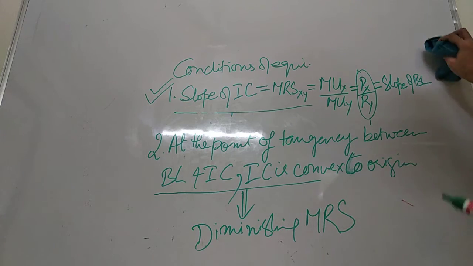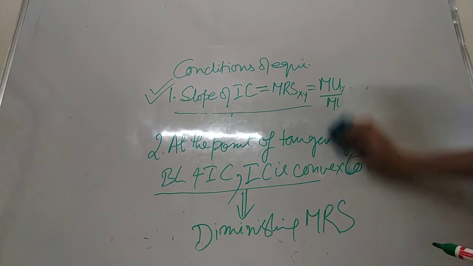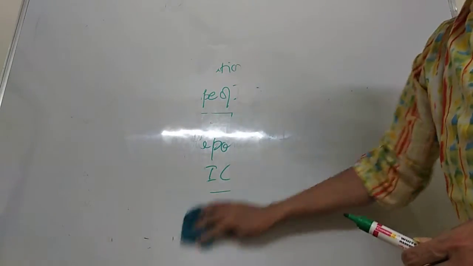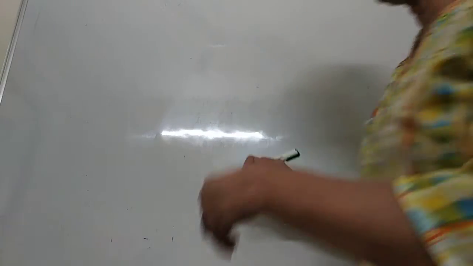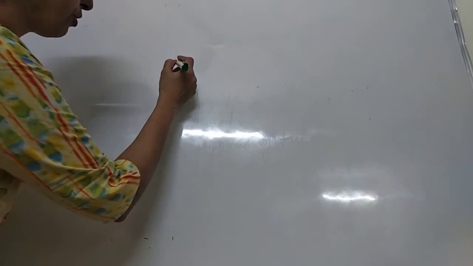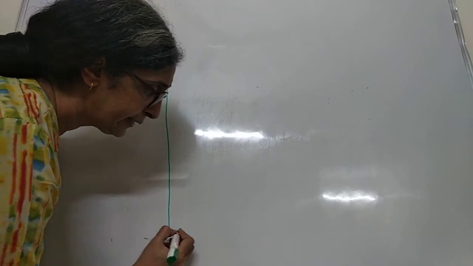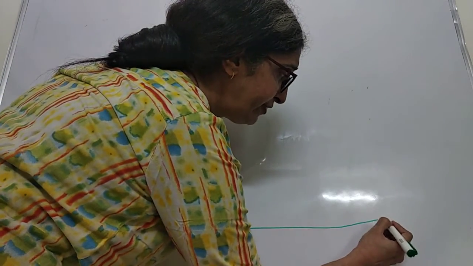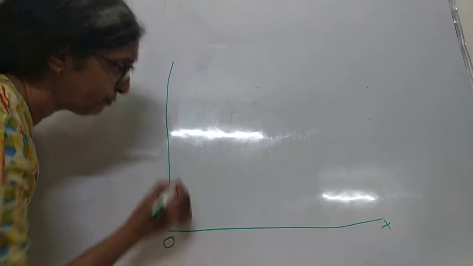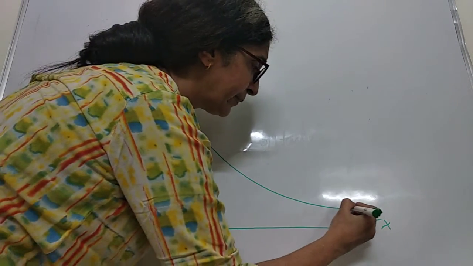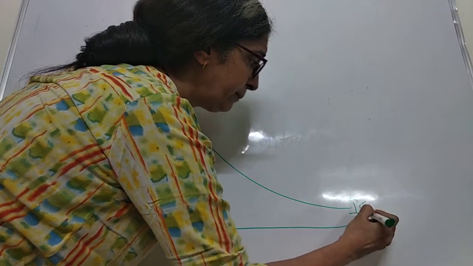And then we come to the explanation with the help of the diagram. So in the explanation we say that, suppose, okay, I'll come to that side so that it is easy for me to draw. So given the indifference map to a consumer, right? So here is our indifference map. This is IC1.